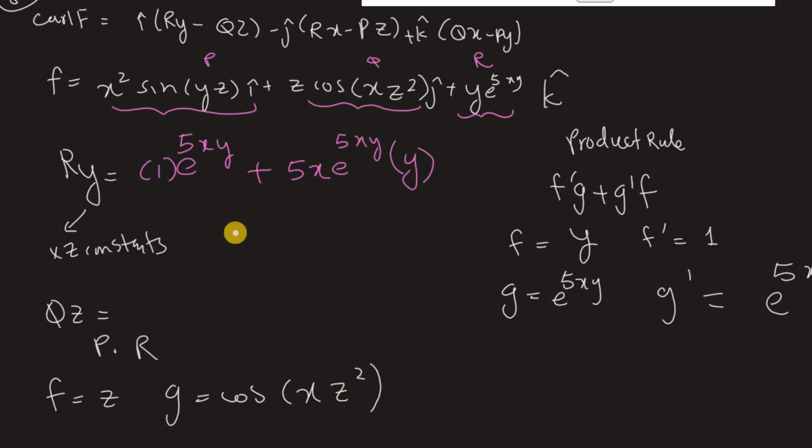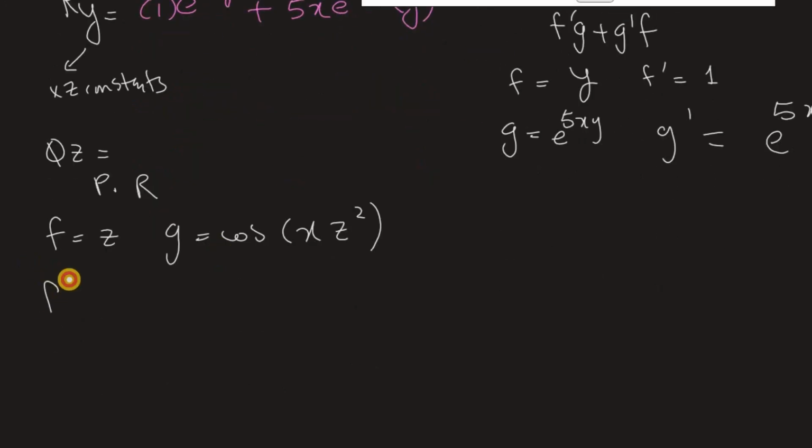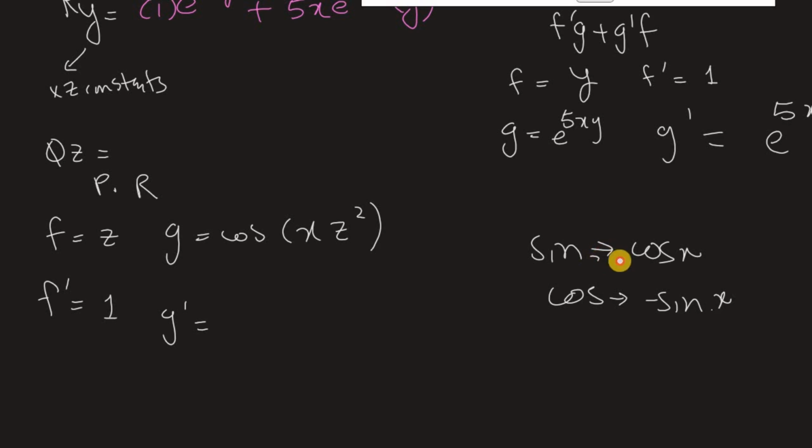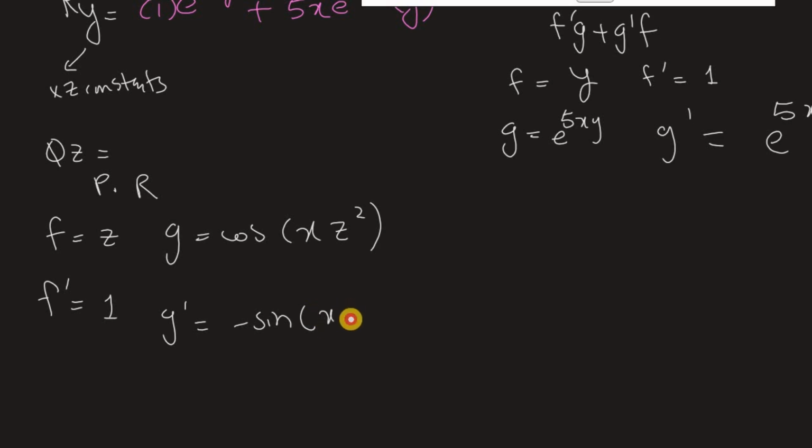So now let's find f prime. We have f prime as 1, and g prime, what's the derivative of cosine? Remember, the derivative of sine is cosine, and the derivative of cosine is negative sine. So we can put negative sine, and of course we're going to put this as it is.